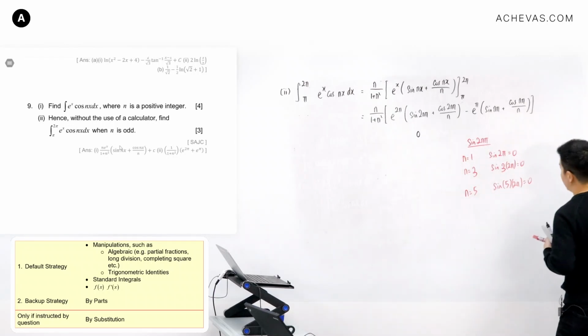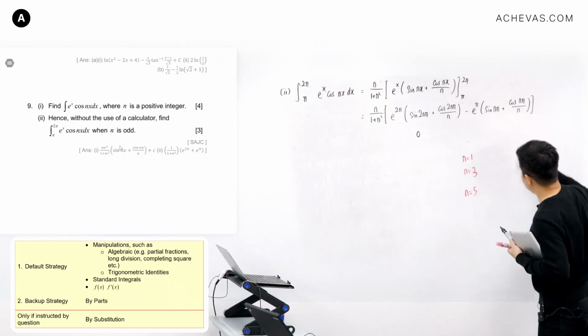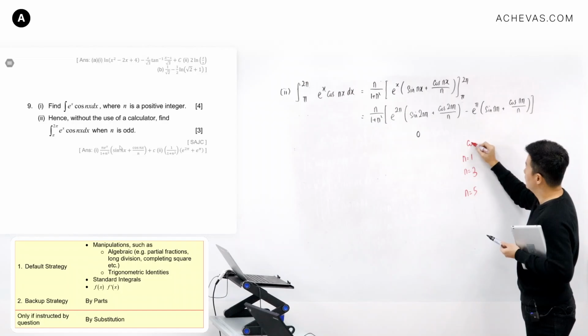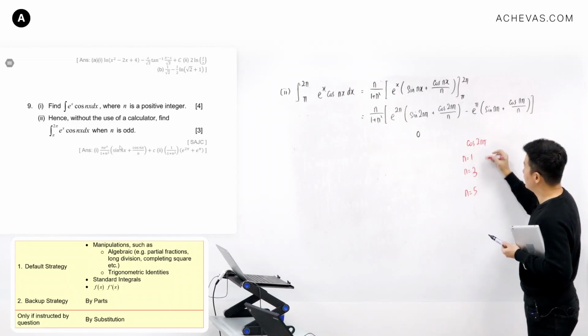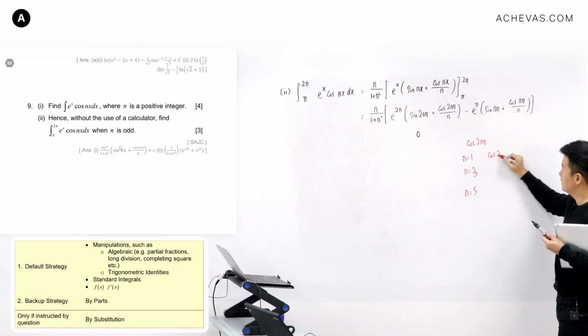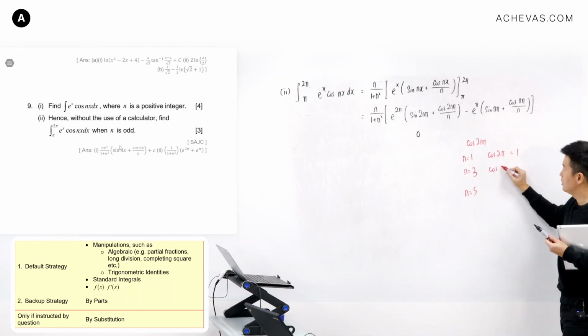And let's try to do an analysis for cosine 2n pi. Let's see what we are going to be getting. So if we are analyzing cosine 2n pi, when n is equal to odd numbers, we have cosine 2 pi, which is equal to 1. Cosine 3 times 2 pi, which is also going to be equal to 1.